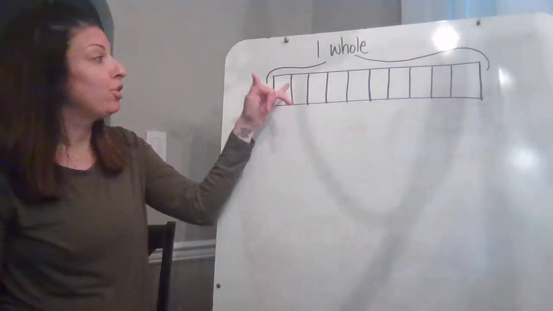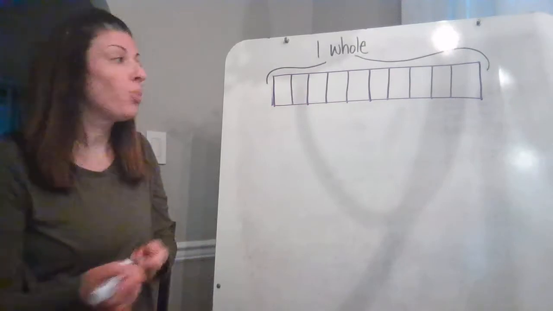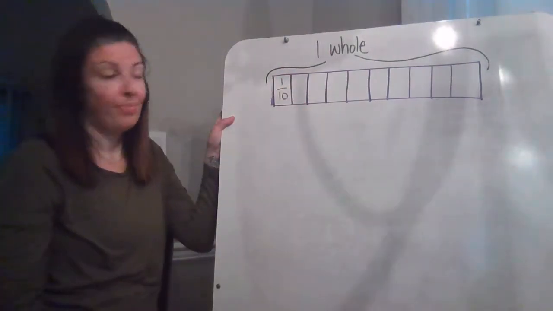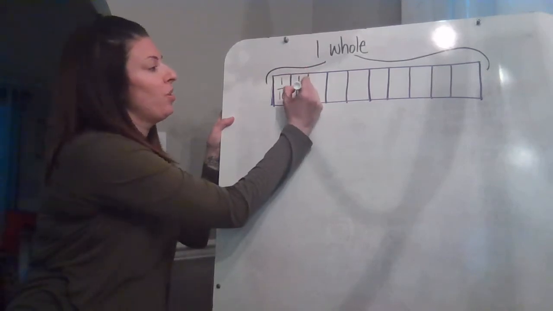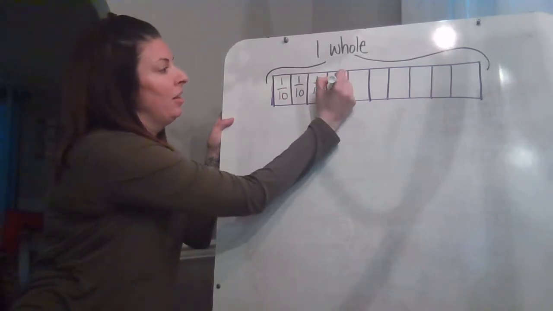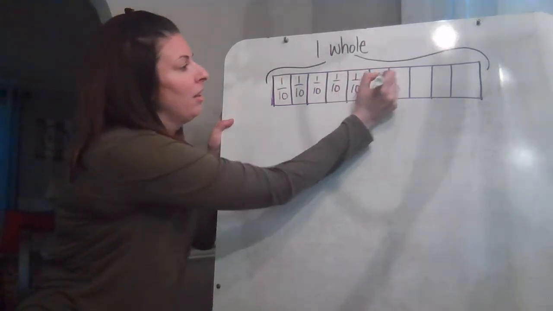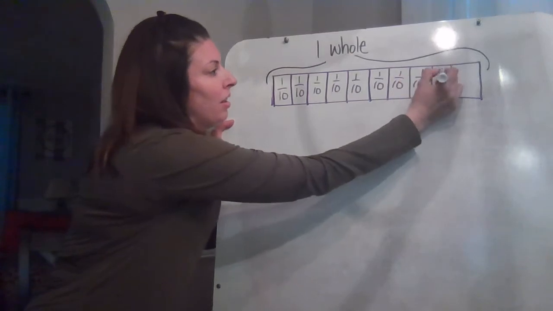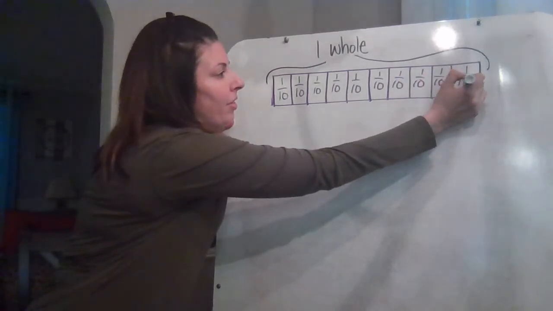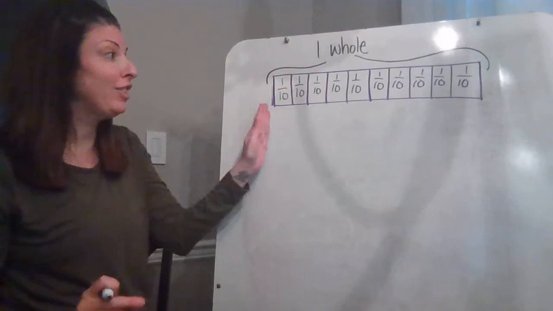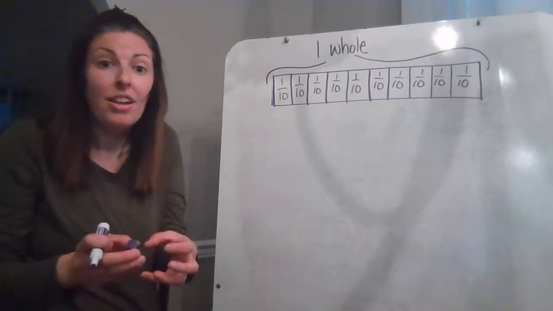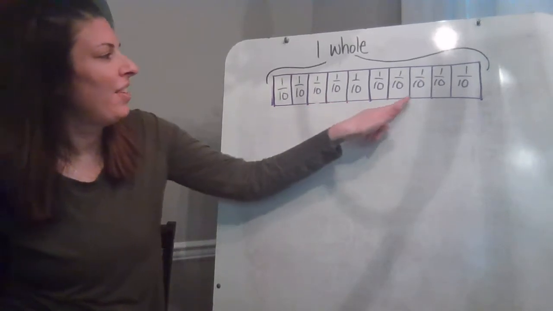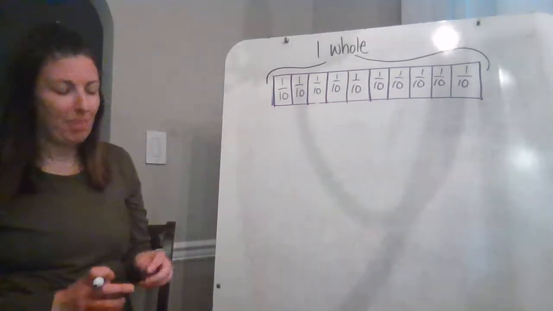So that means that each piece or each part is worth 1/10. So then this piece is worth 1/10. So all together, if I took all my tenths together, I have 10 tenths.